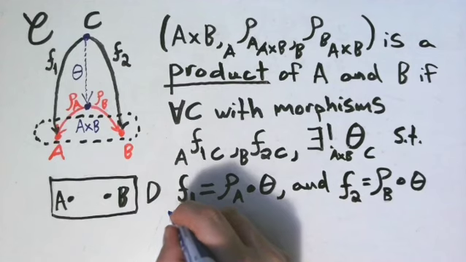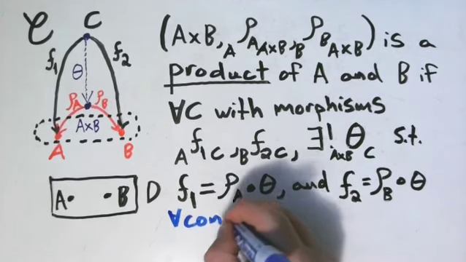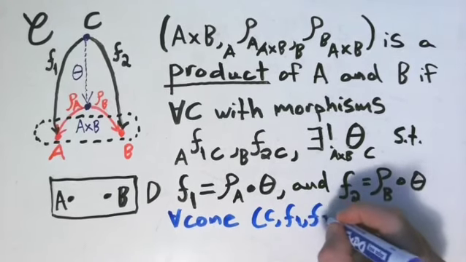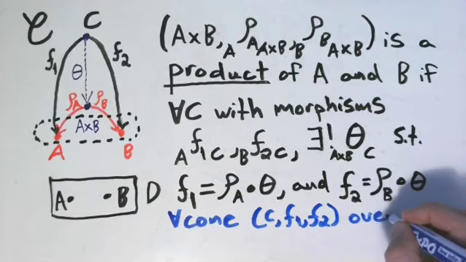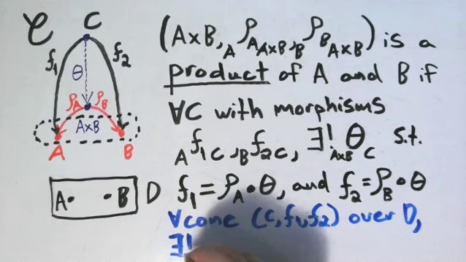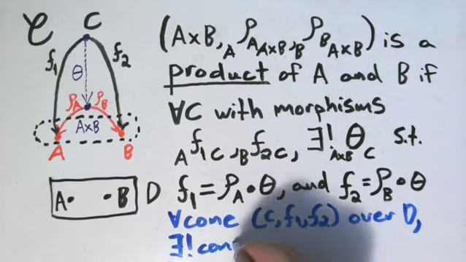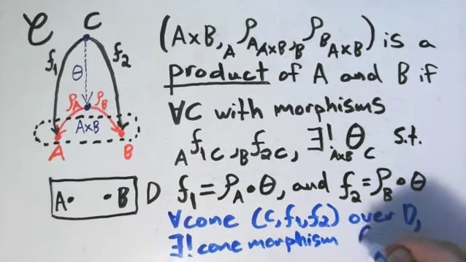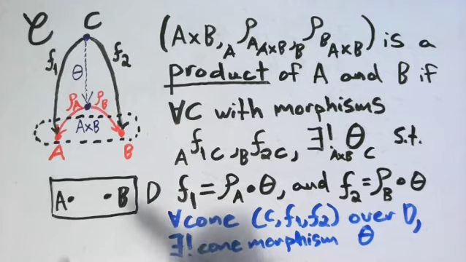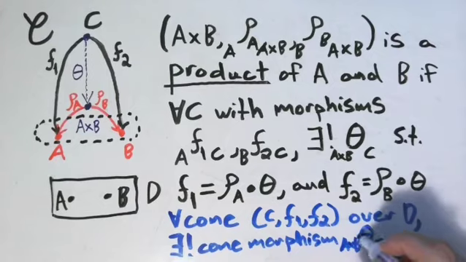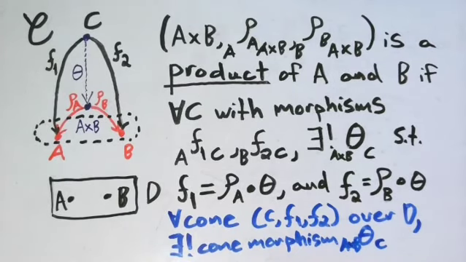So we can say that for any cone C, F1, F2 over D, there exists a unique cone morphism theta, which goes from C into A cross B. But this is the exact definition of a terminal object, right?